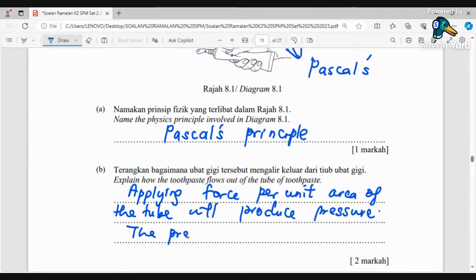The pressure is transmitted. Gunakan je balik Pascal principle.